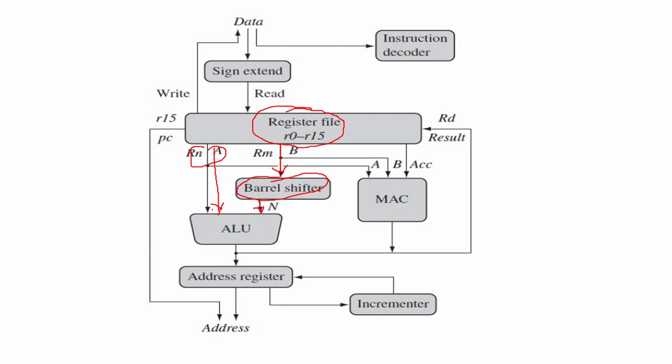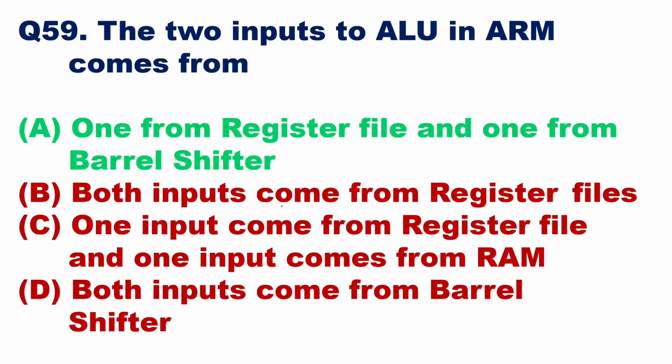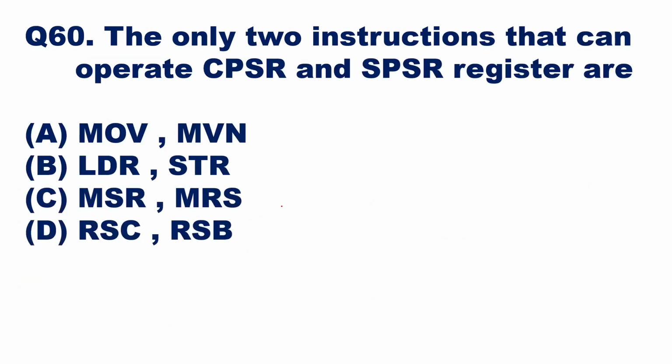So the ALU has two inputs. One comes from the register file, and this one comes from the barrel shifter. So one input is from the register file and one input is from the barrel shifter. So here option A is the right answer. The two inputs to the ALU in ARM come from one register file and one barrel shifter. Then we'll go to the next question.